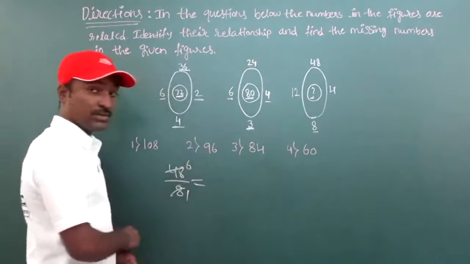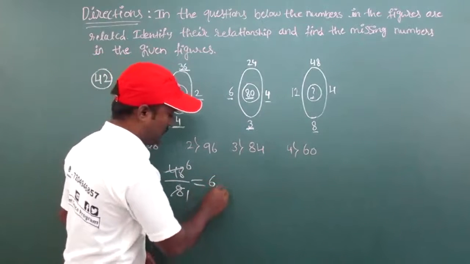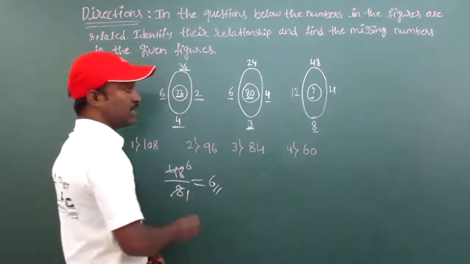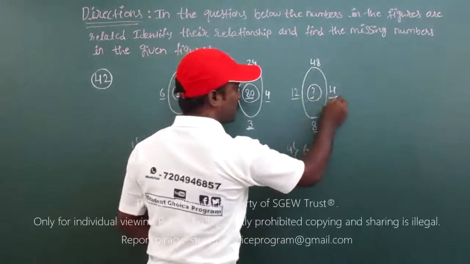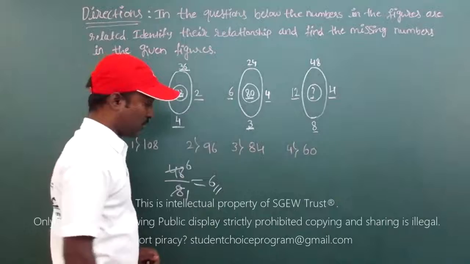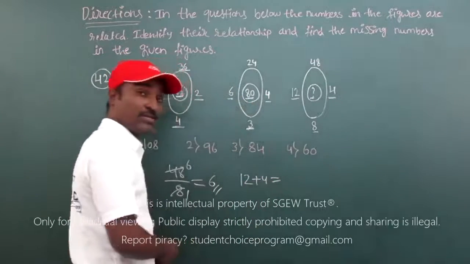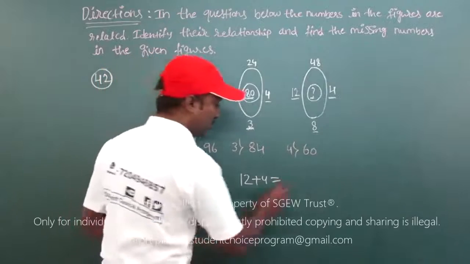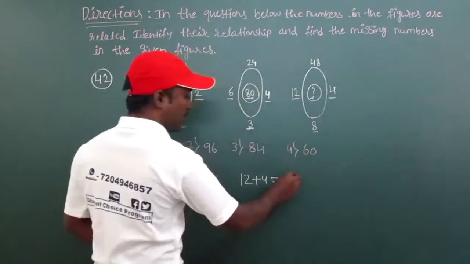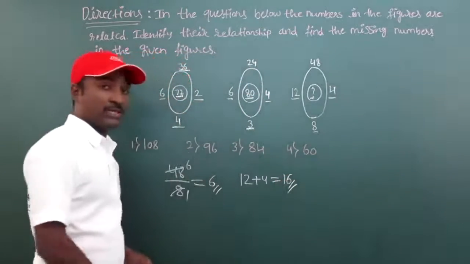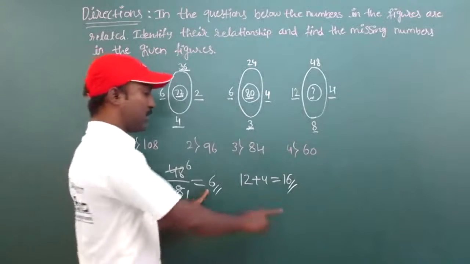I will get 6. Now next, you have to add these two numbers, 12 plus 4. 12 plus 4 is 16. Next step is, you have to multiply these two numbers.